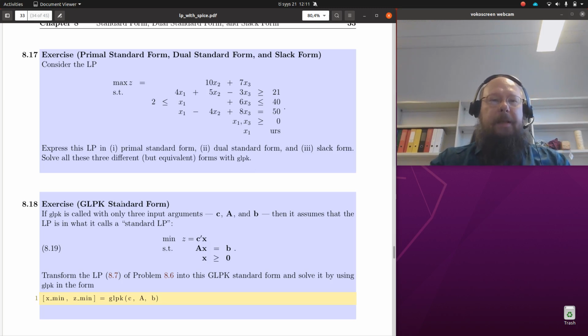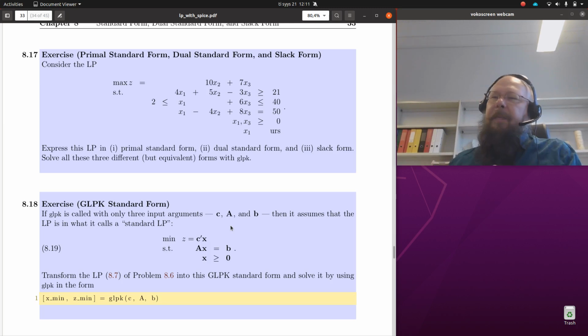So GLPK standard form. And this is yet a different thing. And this is sometimes convenient. If you remember, it's rather boring with GLPK. We always had to put as lower bounds empty matrix, upper bounds empty matrix, and then a C-type and var-type and sense and so on.